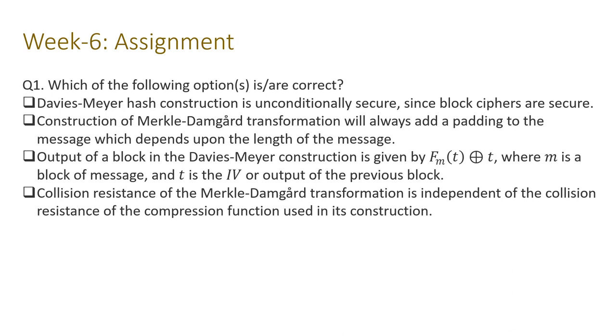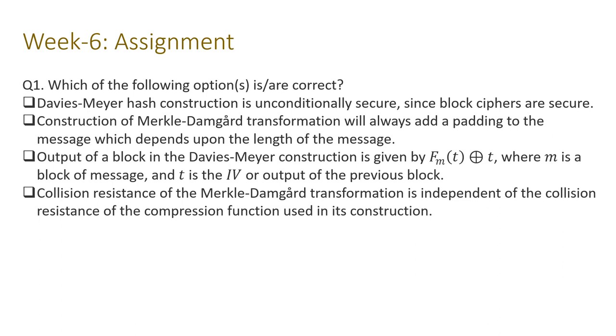In such an ideal cipher model only, you assume the Davis-Meyer construction to be secure. So only a secure block cipher is not what is required. Apart from that, we also assume the block cipher to be providing oracle service. Then only in the ideal cipher model do we get the Davis-Meyer hash construction to be secure.